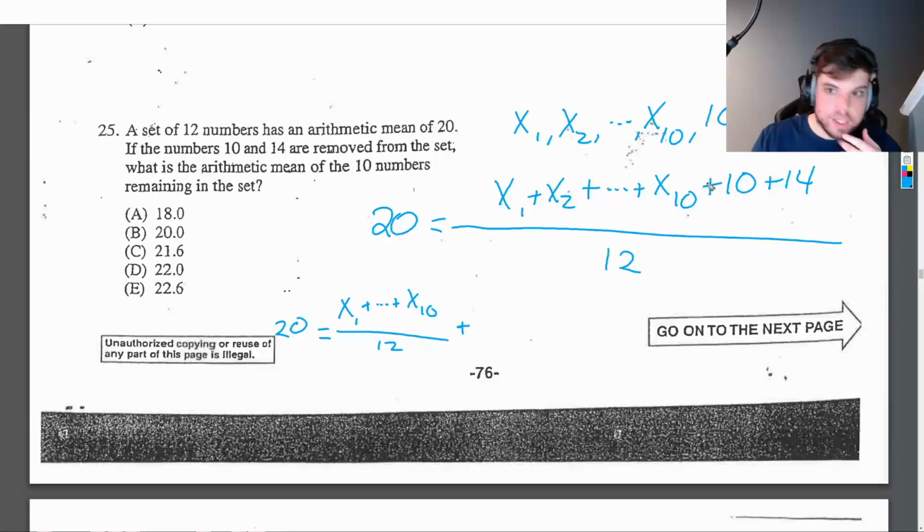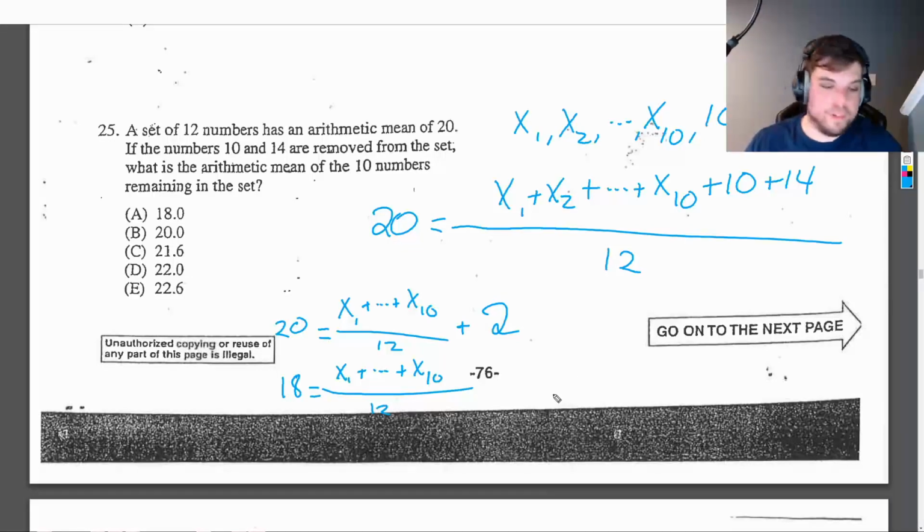Plus, let's add 10 and 14, get 24 over 12, which is 2, has to equal 20. Which means that if we subtract 2 from both sides of this equation, we get 18 equals x1 plus dot dot dot plus x10 over 12.